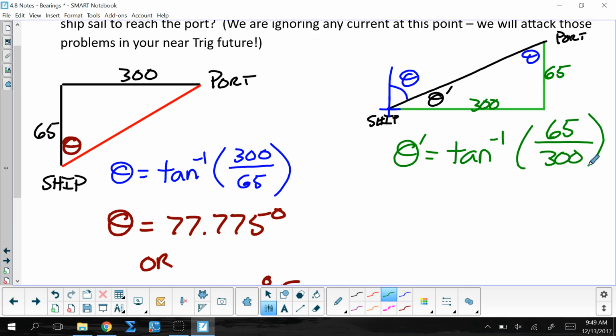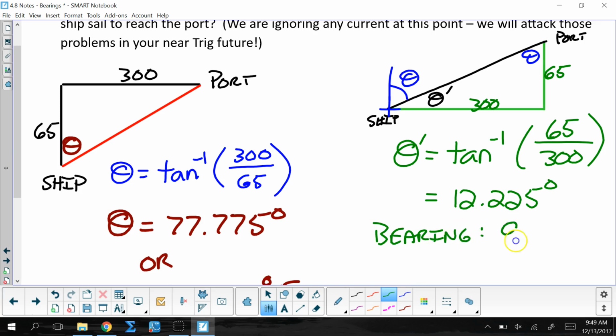And that would have given me 12.225 degrees as that angle there. And then to find the bearing, I would have to go 90 minus theta prime, which would give me 77.775.